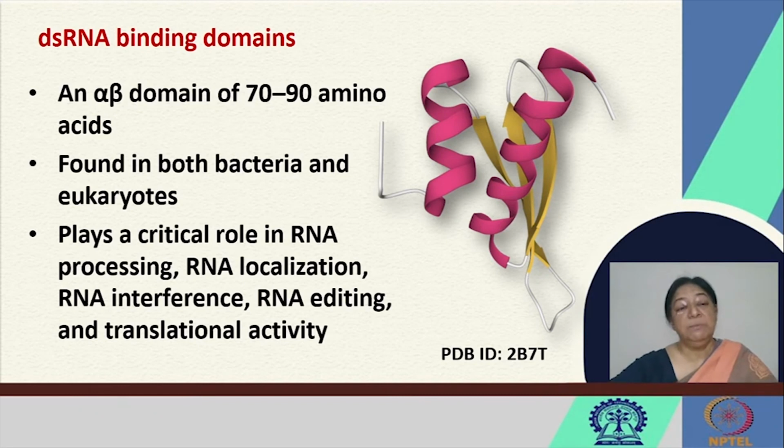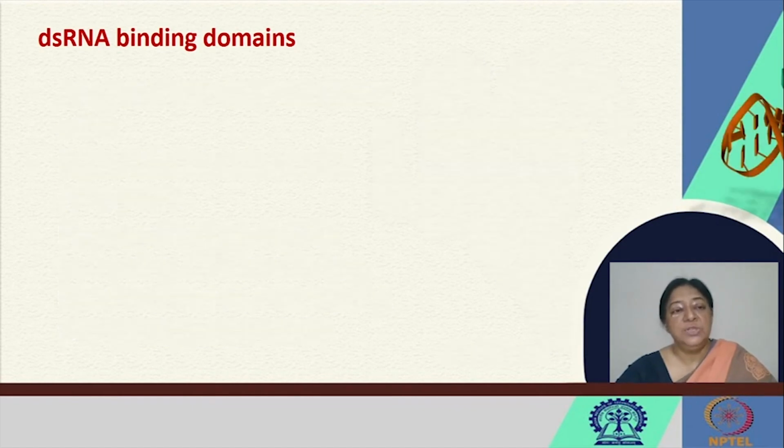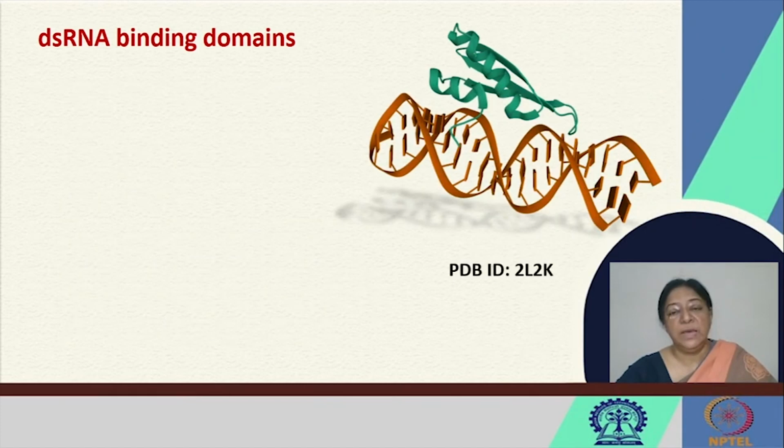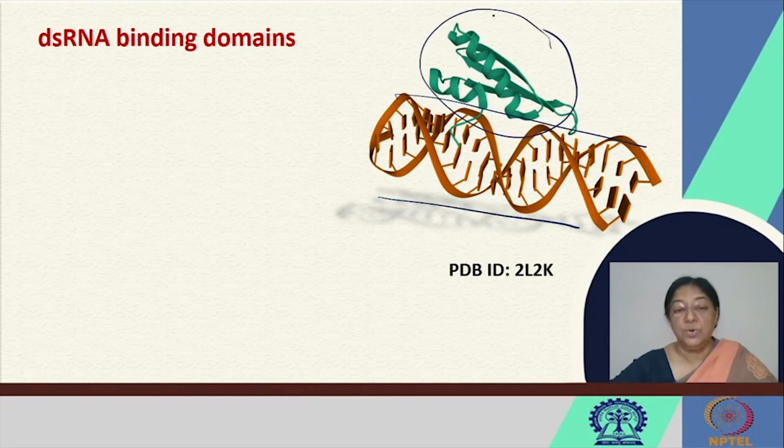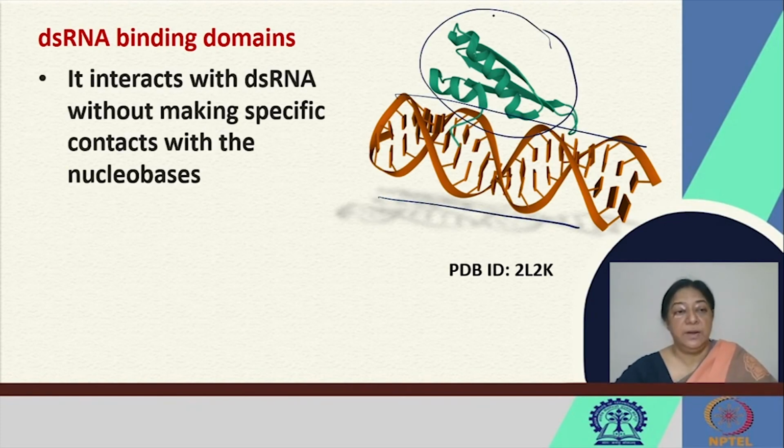So we realize the importance of the specific binding domain, and these are large domains because they have specificity, structural complementarity in the way they are going to bind with the specific ligand of interest, in this case double-stranded RNA. So this binding domain that we are looking at, where we have our double-stranded RNA, where we have our protein that is going to bind to the RNA.